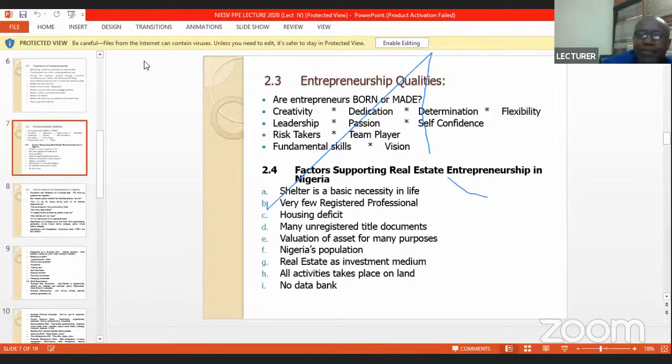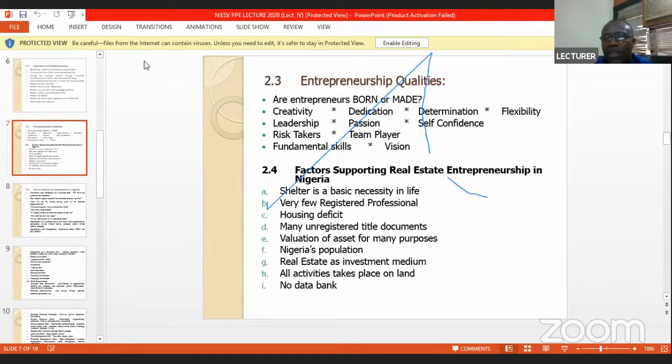And that is why, as an estate surveyor and valuer, you must know what we call the root documents. The root documents are documents you can present to the ministry in application for a certificate of occupancy.